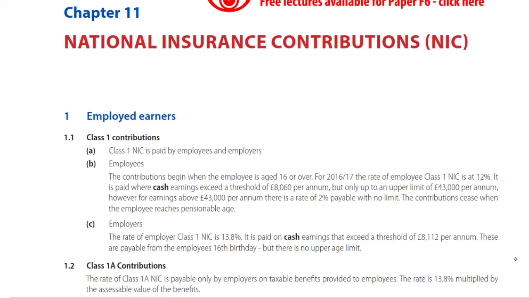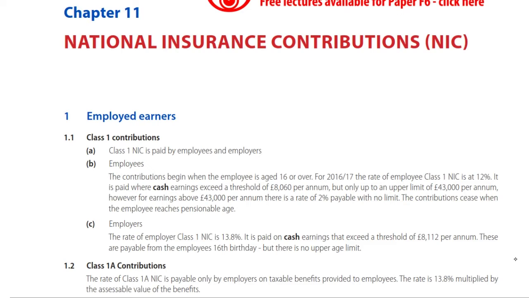They too are workers and they too will be charged national insurance contributions. Now, the categories of national insurance contribution are called classes. The first one relevant for employed earners, and the only one relevant for employed earners, is Class 1 contributions. Class 1 NIC is paid by both employers and employees.